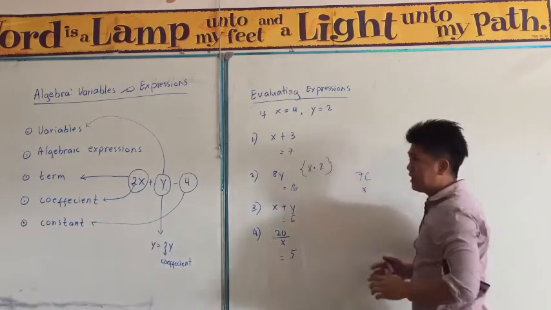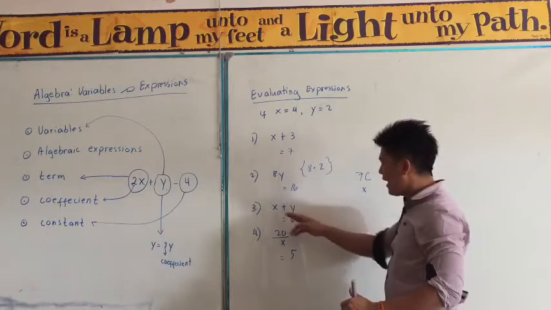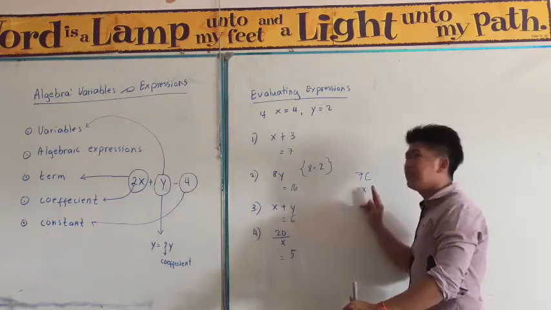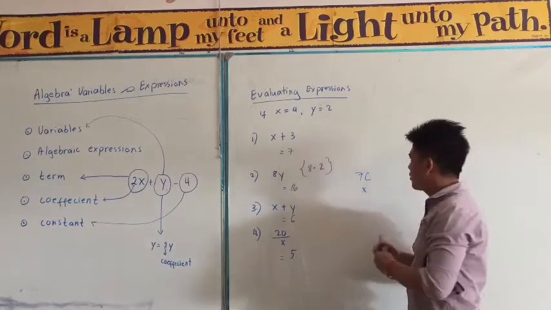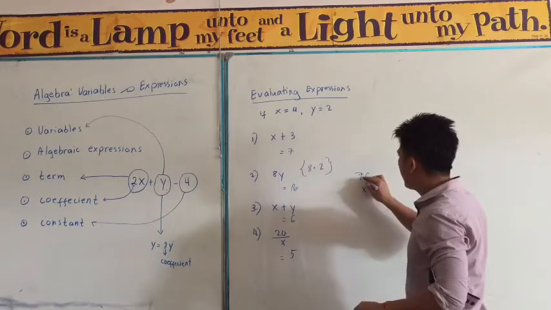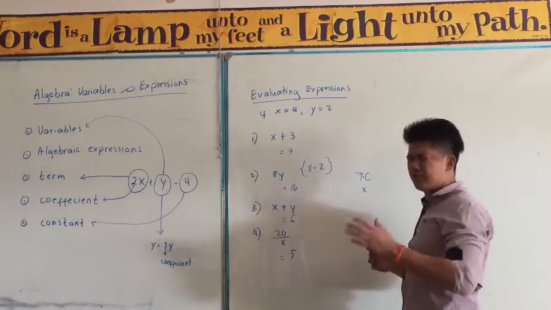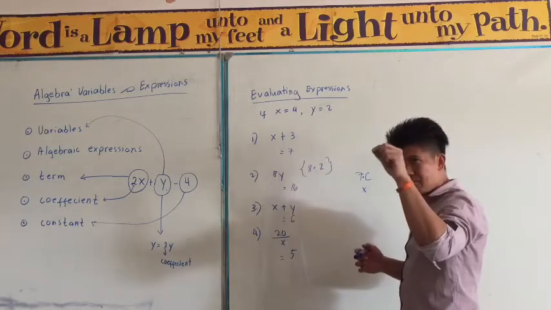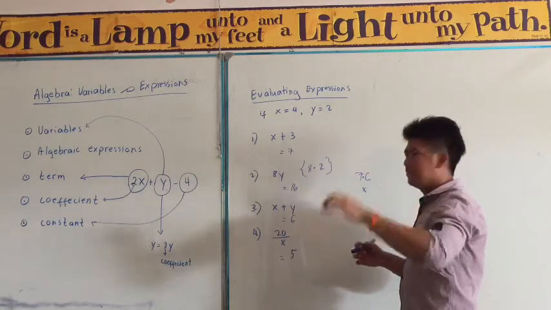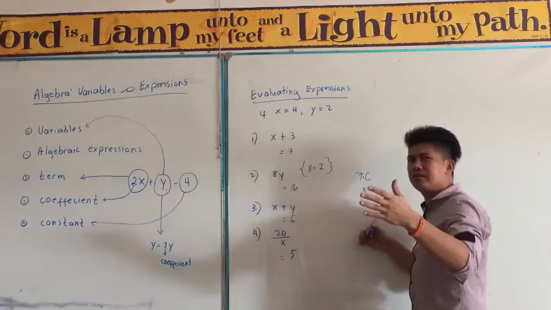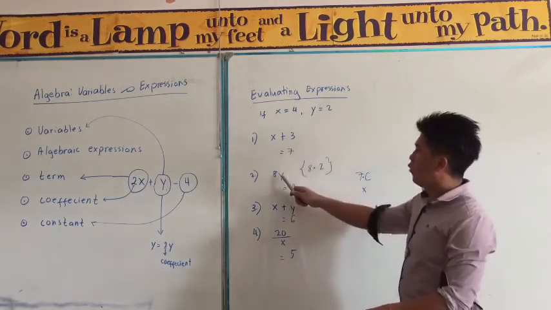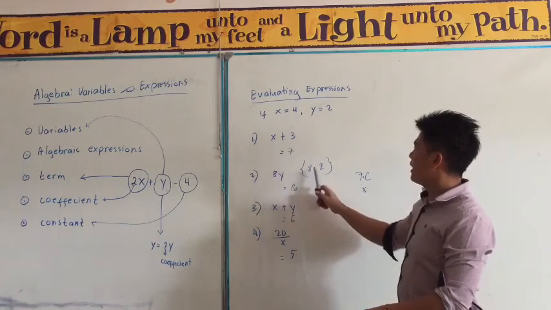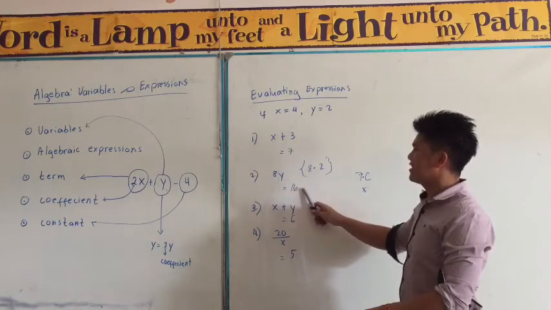But in algebra, we cannot use x to represent times because it also represents a variable. So we can use a dot in the middle, a big dot, bigger than a decimal point. And y is 2, so 8 times 2 equals 16.